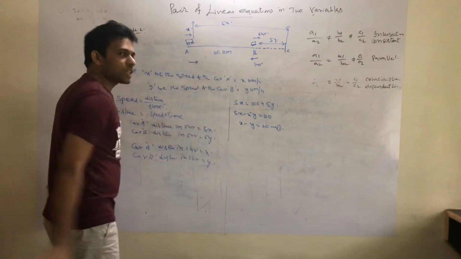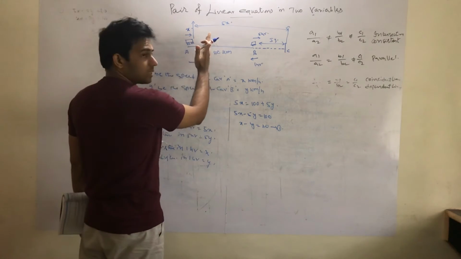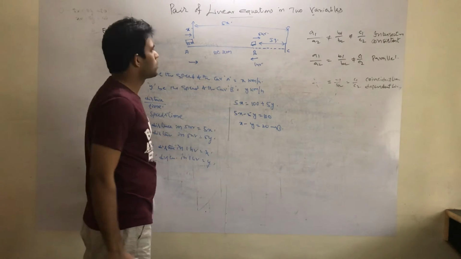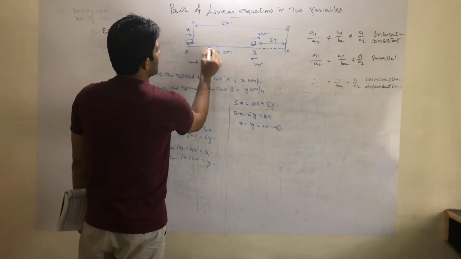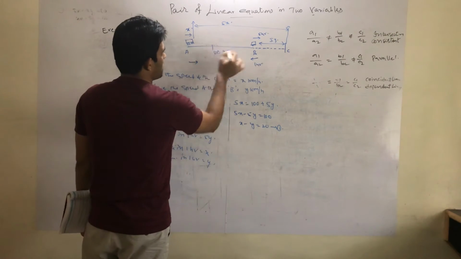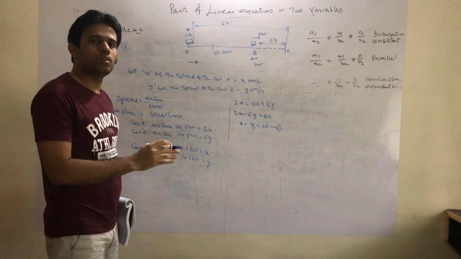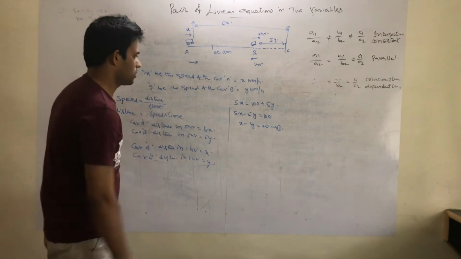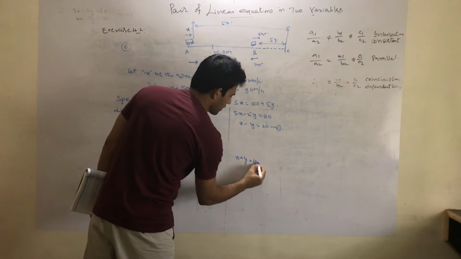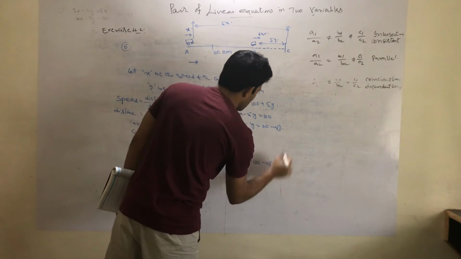This is 100 kilometers, right? If this travels x, this car should travel 100 minus x. So if this car is traveling x and this is traveling y, then x plus y is 100, or y equals 100 minus x. So the second equation becomes x plus y equals 100. This is your equation 2.